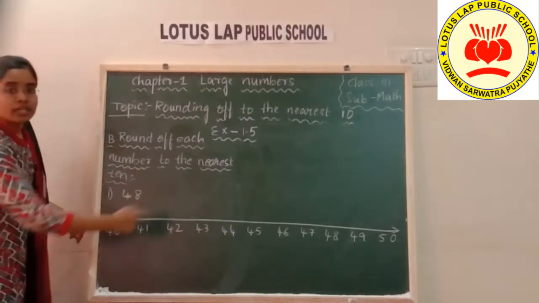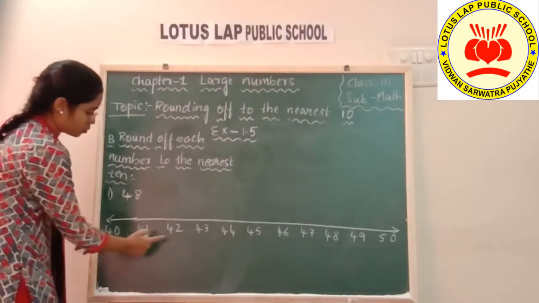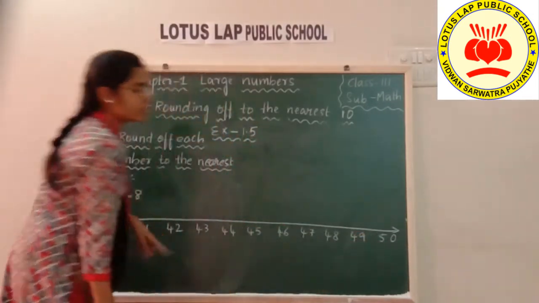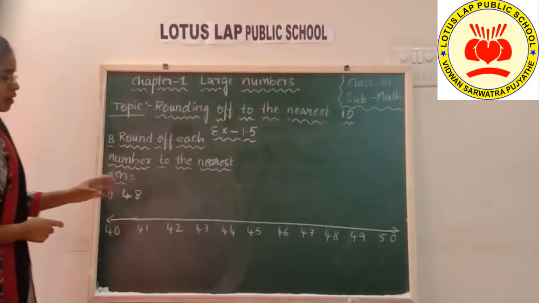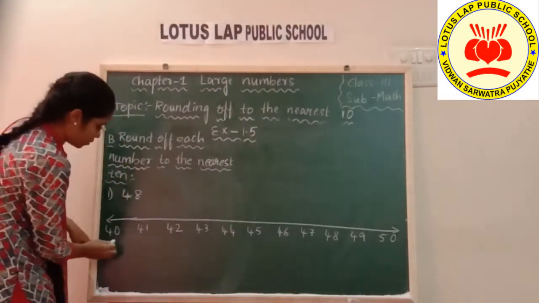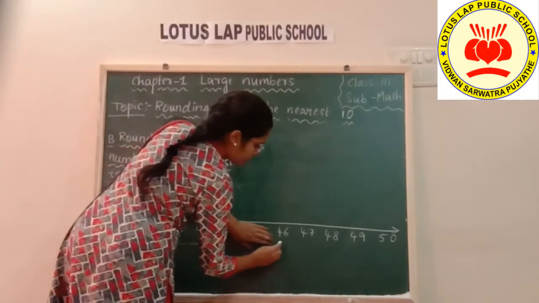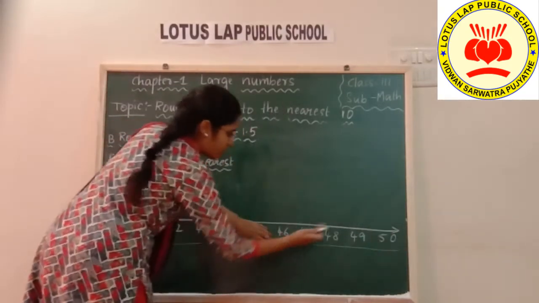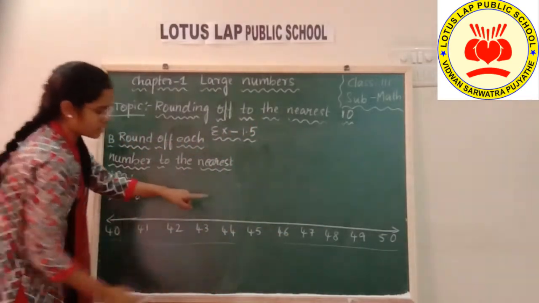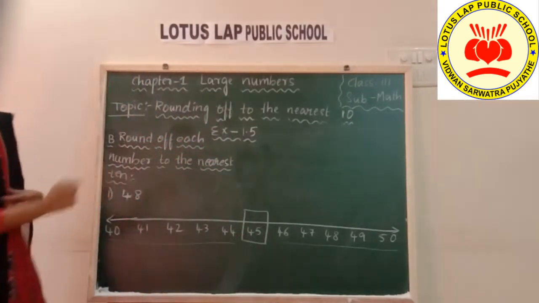And overall on the number line, how many numbers am I having, children? Yes, 1, 2, 3, 4, 5, 6, 7, 8, 9, 10, 11 values. Now I have to find the reference value. If I divide, there should be 5 numbers on this side and 5 numbers on that side, and the exact middle value is going to be 45.